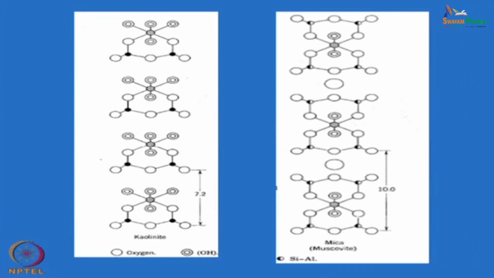Compared to that, if you go to mica, this is also a sheet silicate structure, but the structure of mica is slightly different, in fact. If you look at this geometry and this geometry, you will find this top portion here is the exact mirror image of the bottom portion.